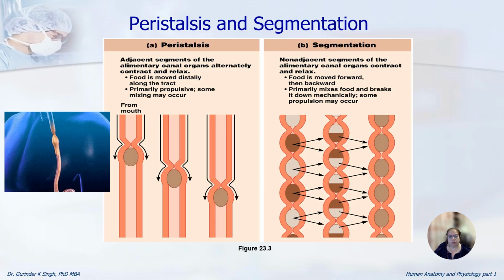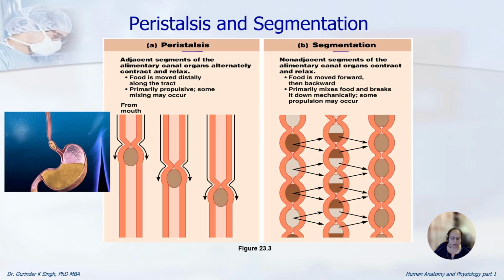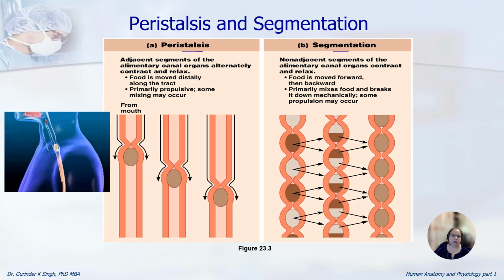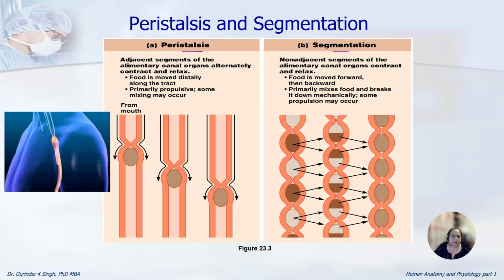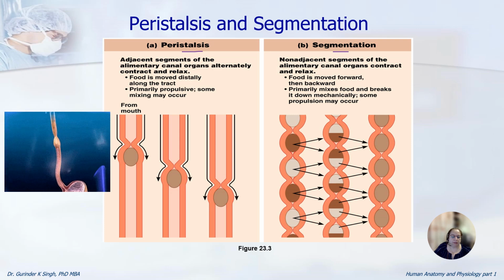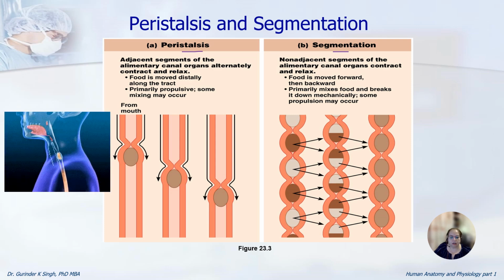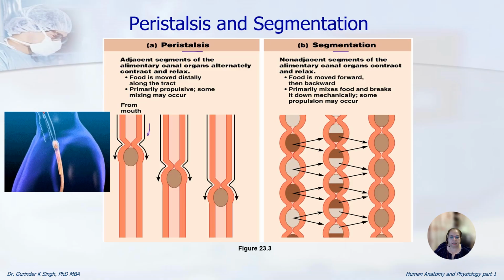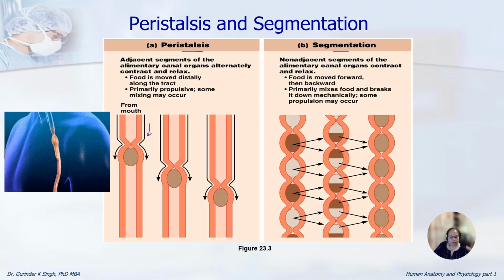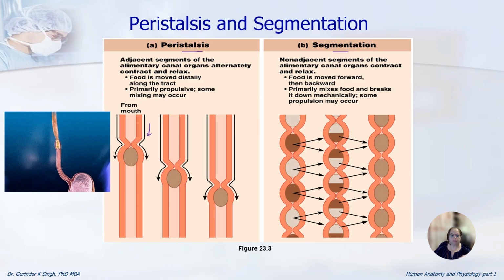Now let's discuss what peristalsis is, what segmentation is, and what their differences are. In peristalsis, the adjacent parts of this long tubular GI tract constrict, and they keep moving the food forwards.